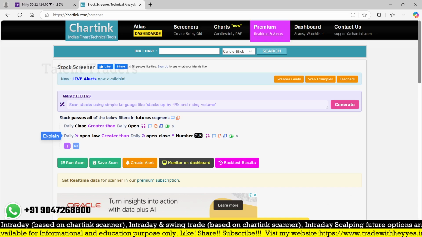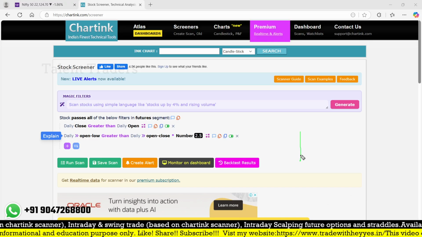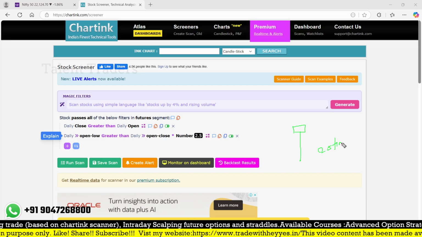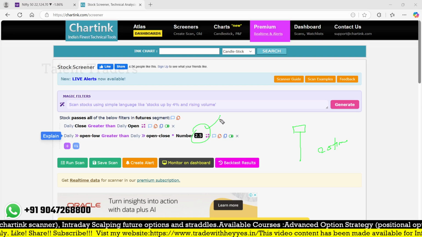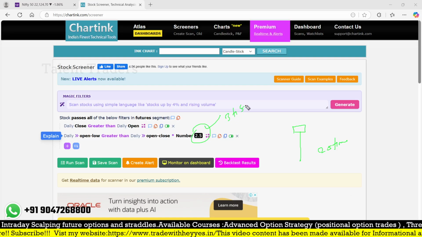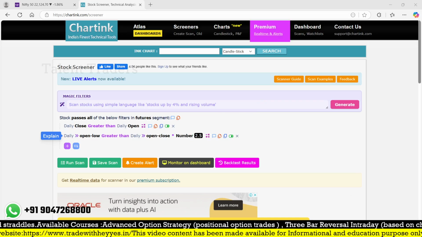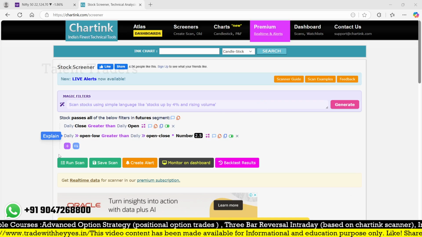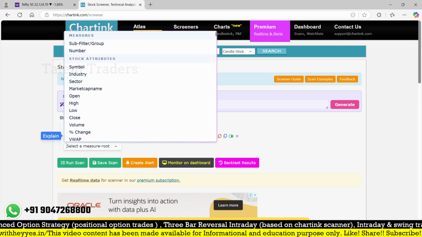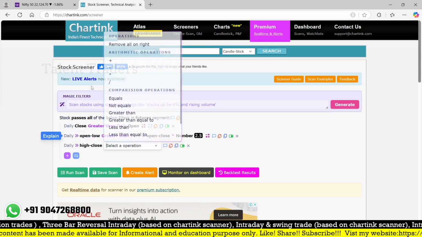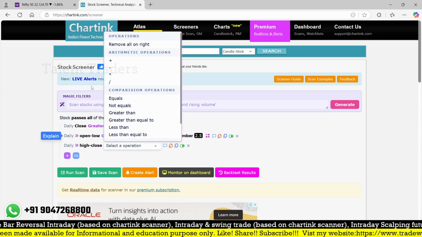This particular line fetches the lower wick compared to the body, and we are fixing it at 2.5 times. You can adjust this level to three times, four times, or five times as per your needs, but basically I am using 2.5 times. The second condition: high minus close is the upper wick.